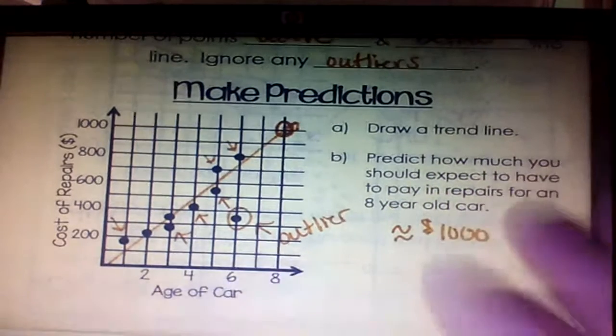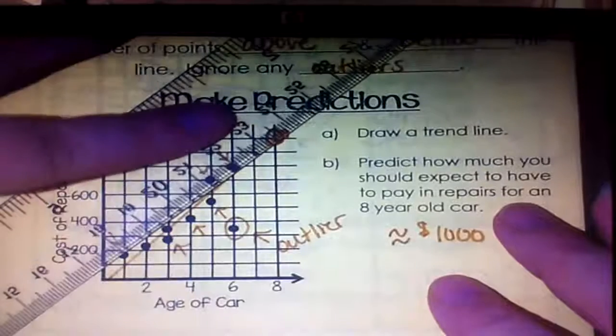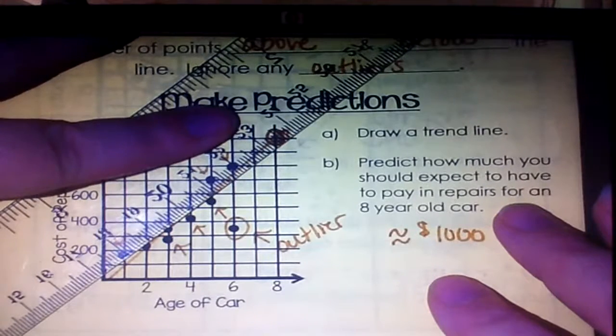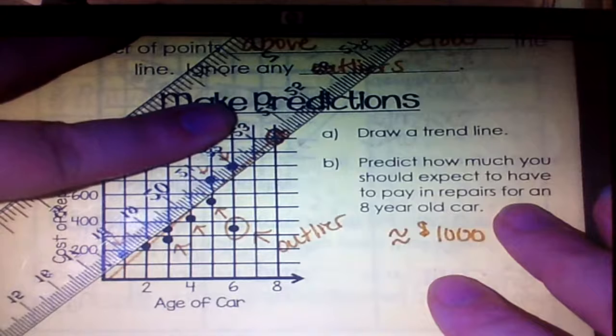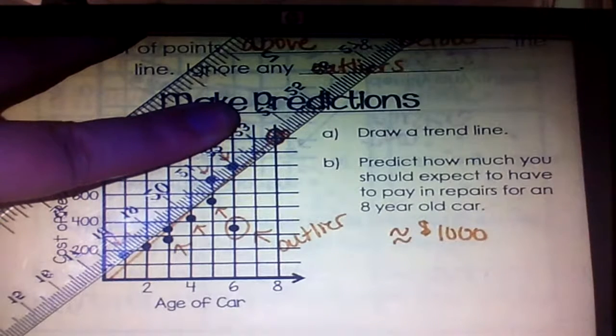It all depends. If you kind of curved your line a little bit more like this, yours would be at like 970.